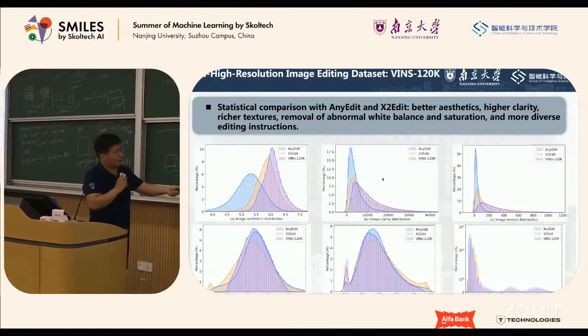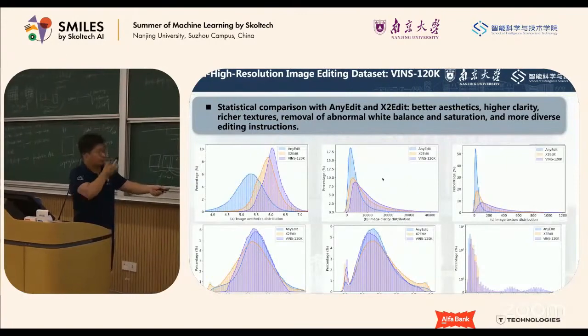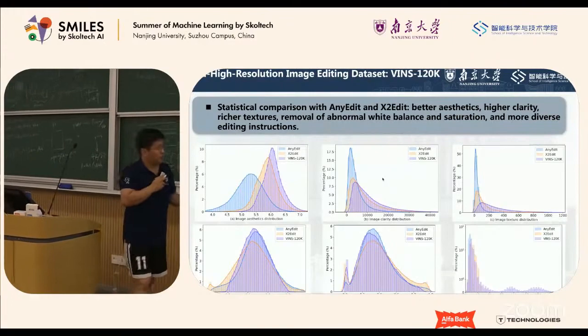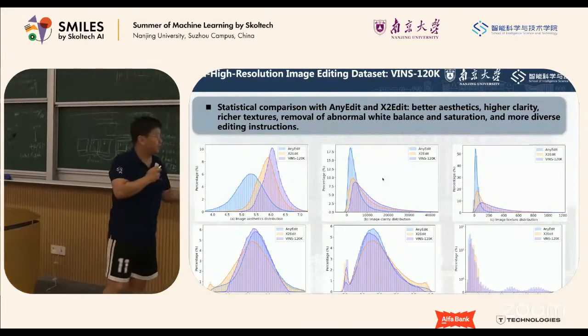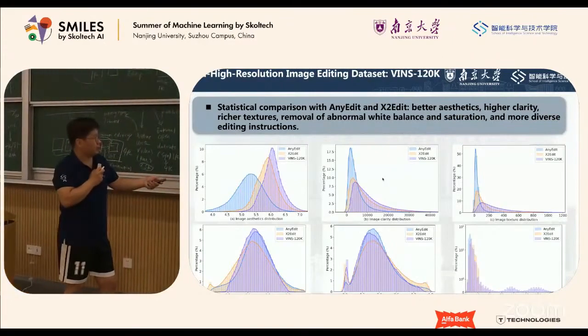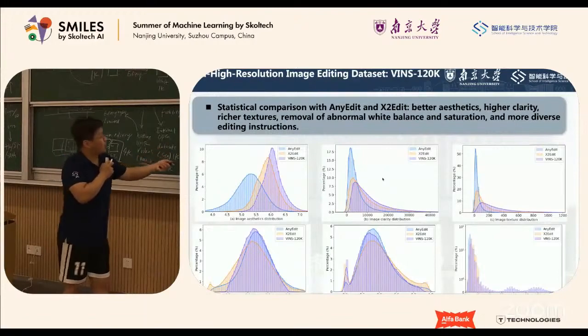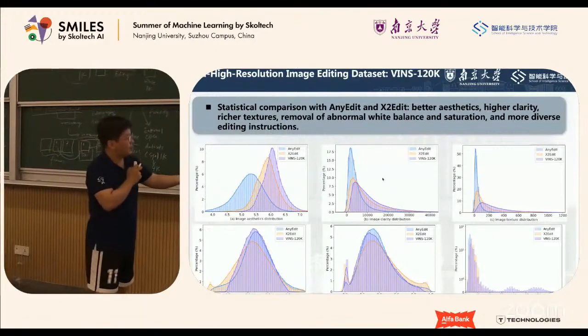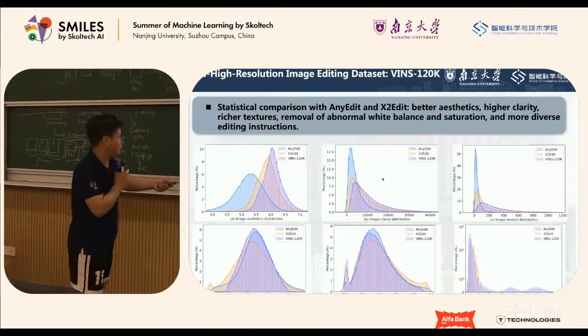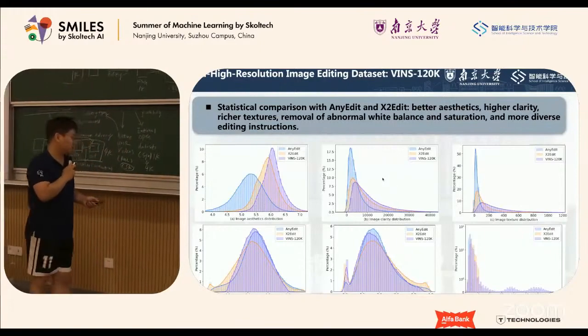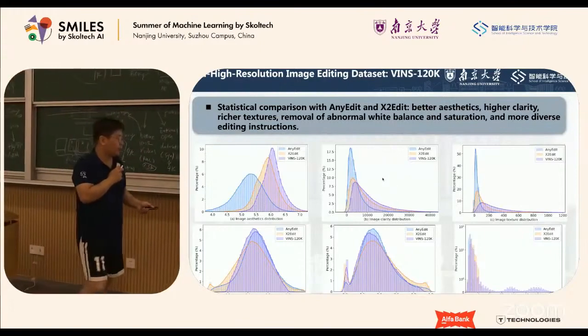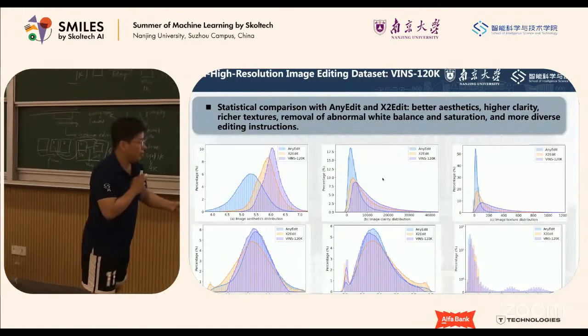You can see that for the aesthetic distribution, a larger number means better, and for the clarity distribution, also a larger number means better. The purple distribution is from our dataset, and this is the texture distribution, this is luminance, this is saturation, and this is the instruction length.